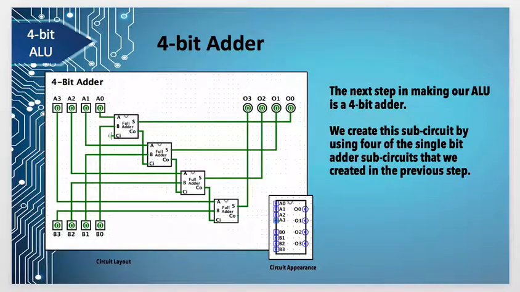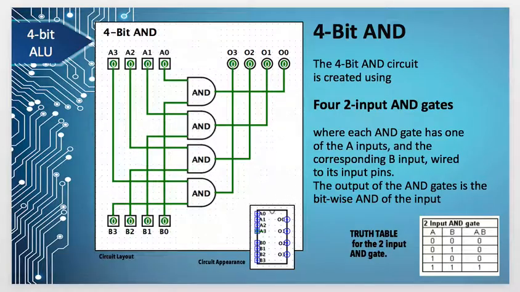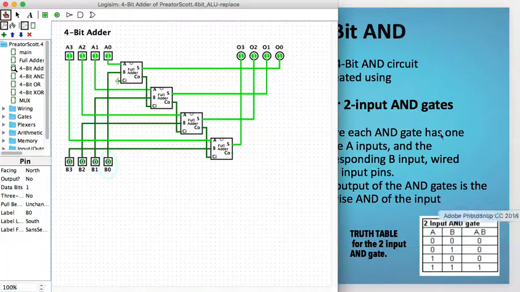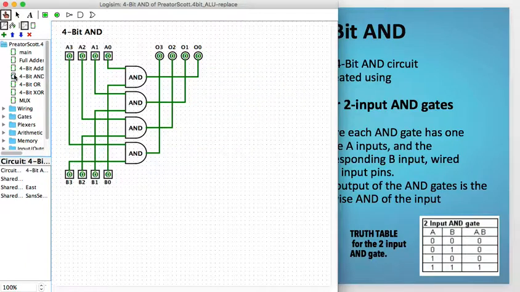The next step should be to create one of our logic functions. Let's do our AND. With 4 2-input AND gates, we'll take our 2 nibbles and produce 1 nibble using the AND function. We can do the same thing in Logisim. Let's try ANDing 1 and 1, we'll create a 1. 1 and 0 will be a 0, 0 and 1 will be a 0, and 0 and 0 will be a 0.